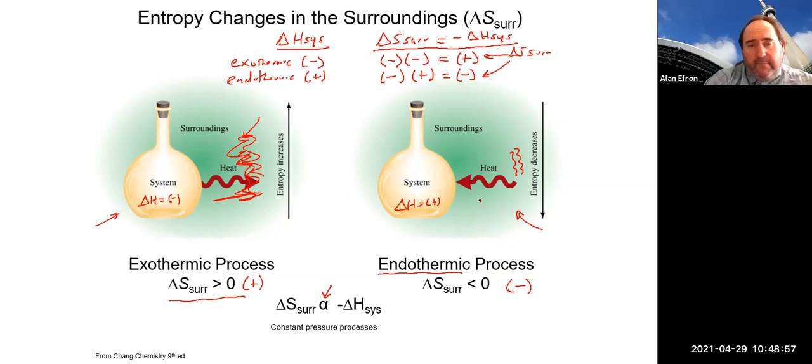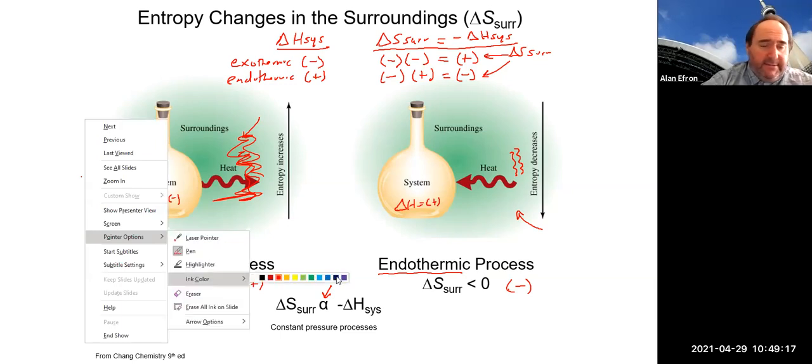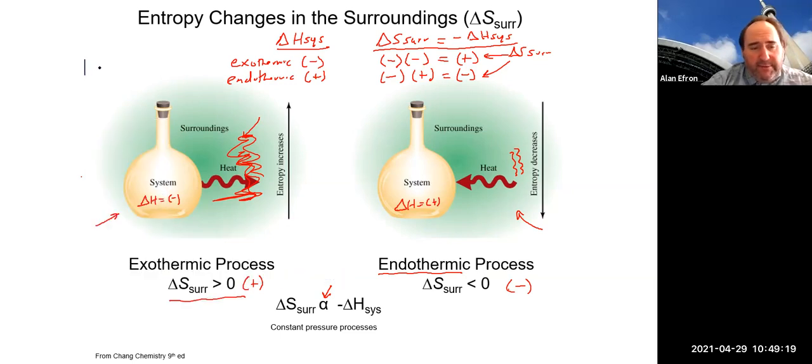Now, does the temperature of the surroundings have an effect on the entropy change that we would see? And the answer is yes, it does. So, for example, let's just say that our surroundings is at a really high temperature.